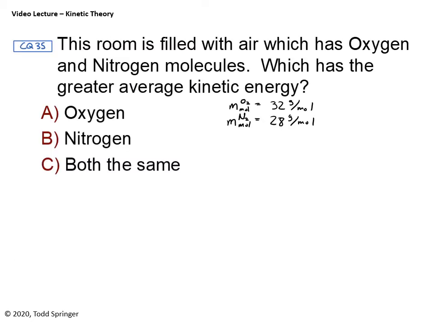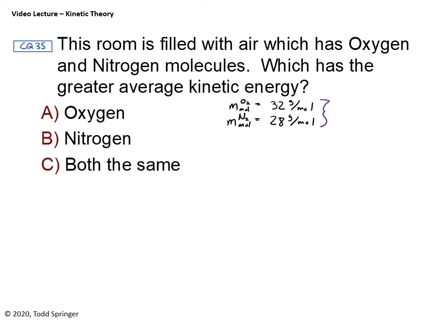So here's a concept quiz on the things that we've just learned. This room is filled with air which has oxygen and nitrogen molecules. Which of these has the greater average kinetic energy? In case you don't know, oxygen is slightly heavier than nitrogen, so here are the molar masses of those two.